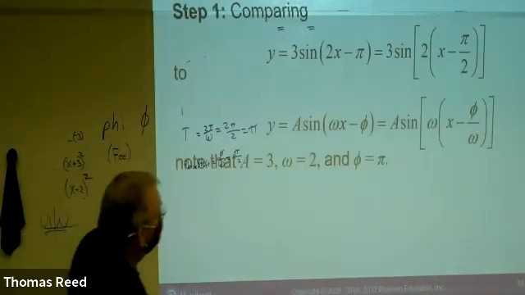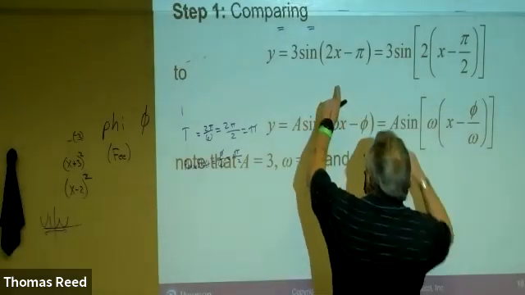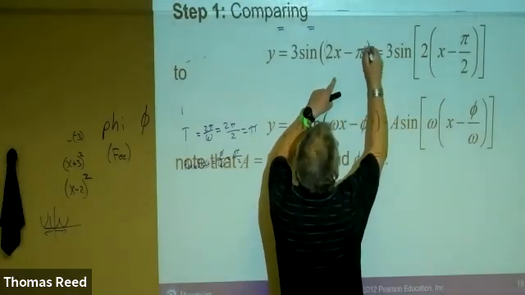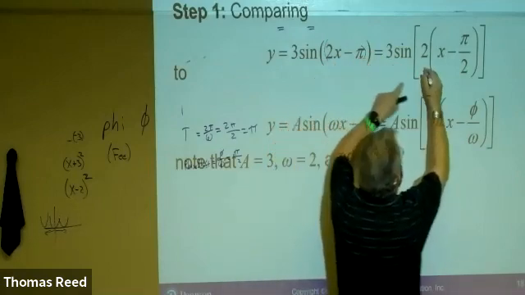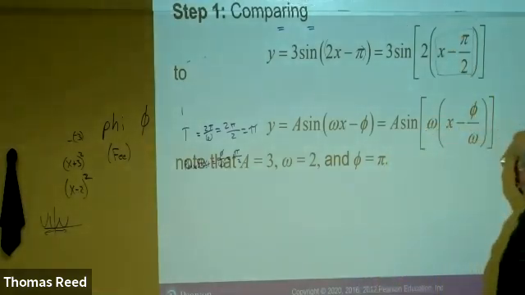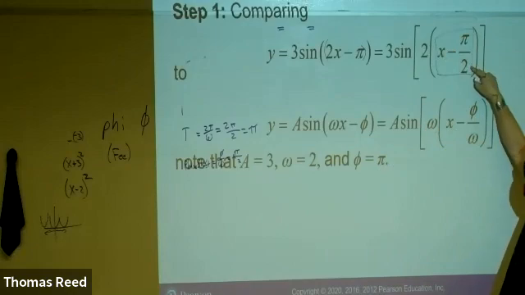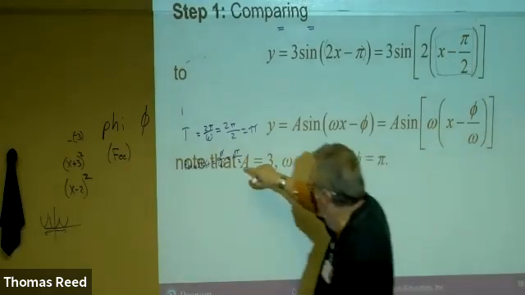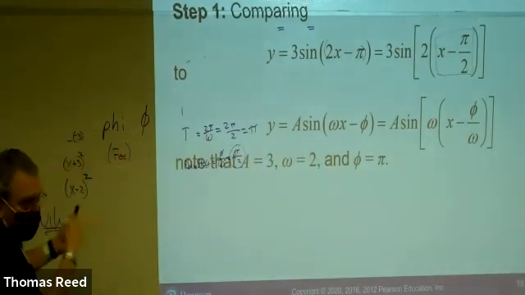Because what they do, they're gonna factor 2 out of these. So you have 2 times x minus pi over 2. Well, the pi over 2 is what we got for the phase shift, because we're factoring the 2 out of this.